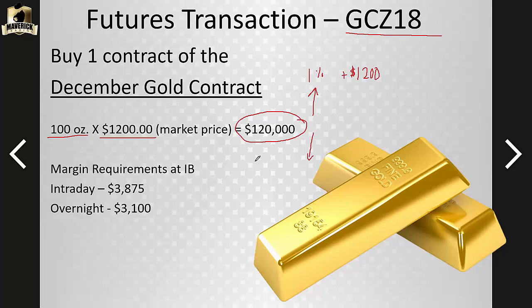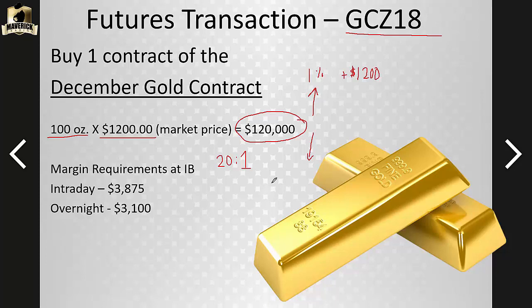Now, typically, they're going to be about 20 to 30 to 1. That's typically what you're going to find. You can find some brokers that will give you up to 40 to 1. But I always tell everyone, on most futures contracts, you're going to get 20 to 1. Now, obviously, on lower volatility positions, like gold, which is not very volatile.